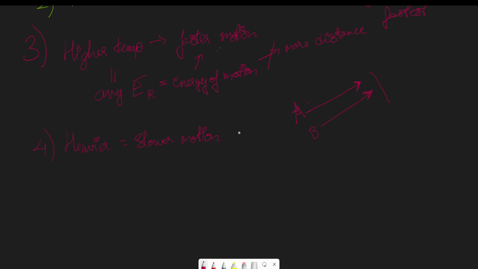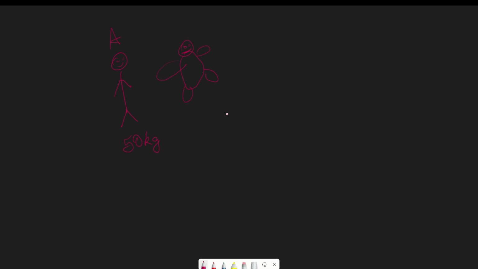Now, you can think of it this way. Let's say we have a person A, and then you have a person B. The only difference between these two is that person A weighs 50 kilos and person B weighs 100 kilos.